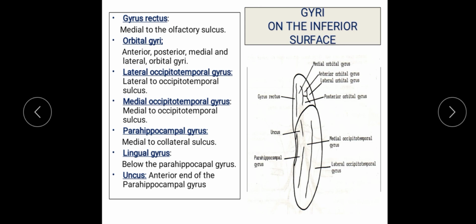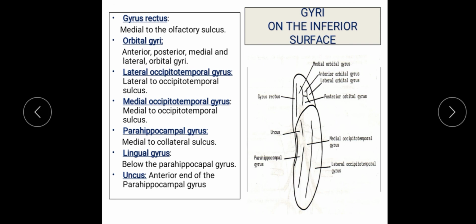Then the lateral occipitotemporal gyrus, this area lateral to the occipitotemporal sulcus. Area medial to the occipitotemporal sulcus is the medial occipitotemporal gyrus. Then the parahippocampal gyrus.